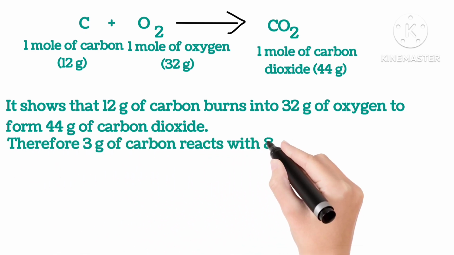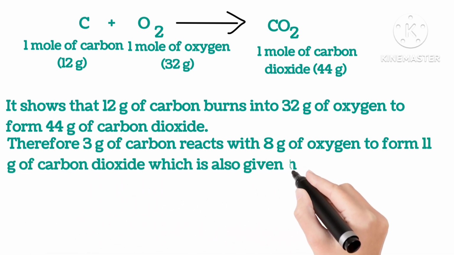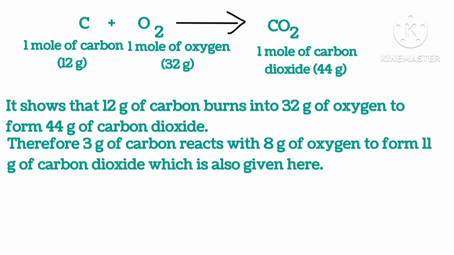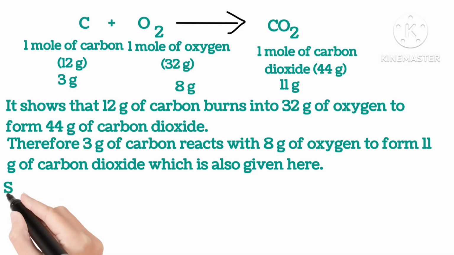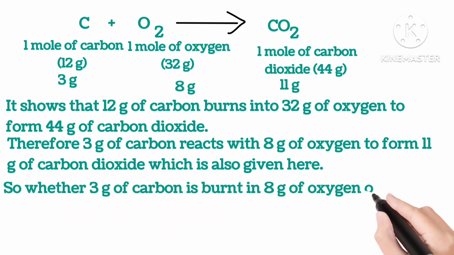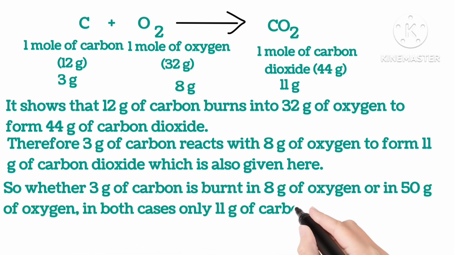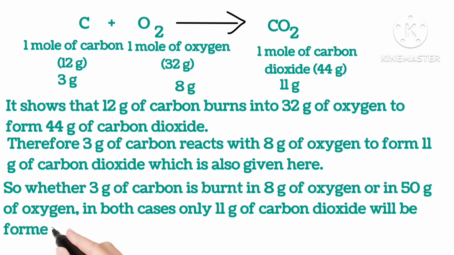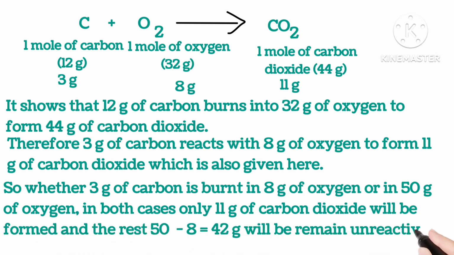Therefore, 3 grams of carbon reacts with 8 grams of oxygen to form 11 grams of carbon dioxide, which is also given here. So, whether 3 grams of carbon is burnt in 8 grams of oxygen or in 50 grams of oxygen, in both cases only 11 grams of carbon dioxide will be formed, as the rest, 50 minus 8, 42 grams, will remain unreactive.